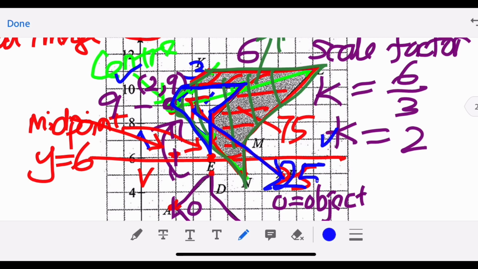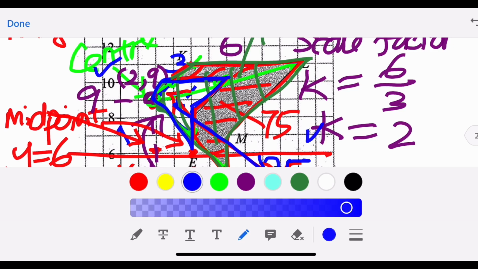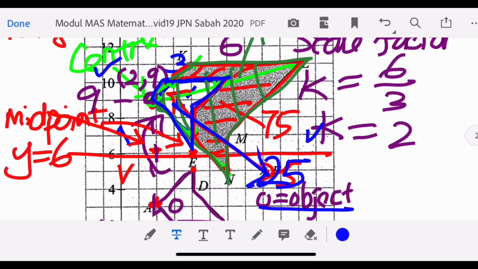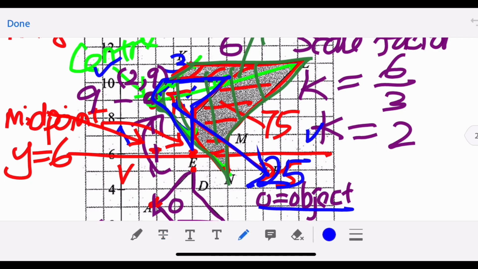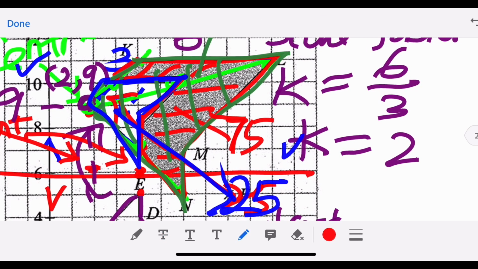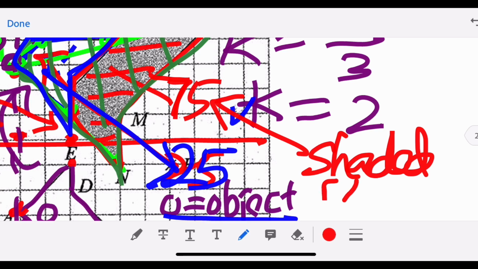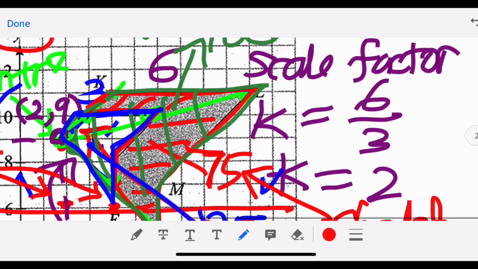So of course we cannot find the area of shaded region directly using formula, right? So we use the concept of the formula of enlargement, the relationship between the image and object after enlargement. We have a formula: area of image over area of object equal to scale factor square, right? We use this to solve the area of the shaded region, which is in red color.